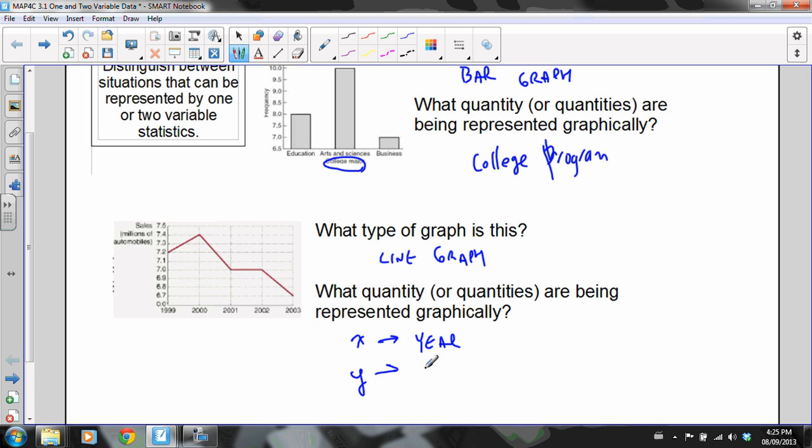So this is basically number of cars sold in millions. Oops, not dollars. In millions of cars, right? And so this graph represents a relationship between two variables. One variable is year, one variable is the number of cars sold.